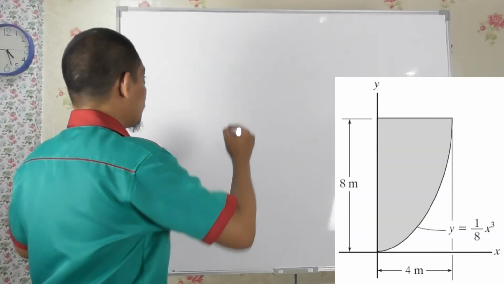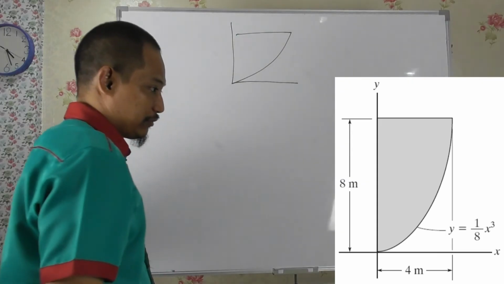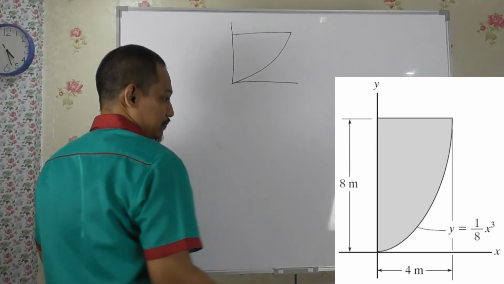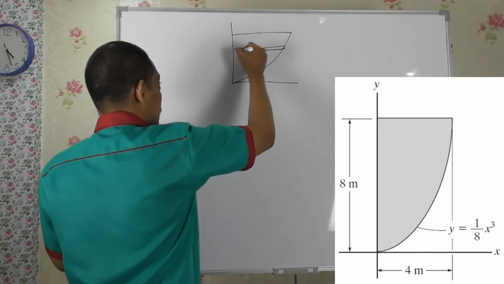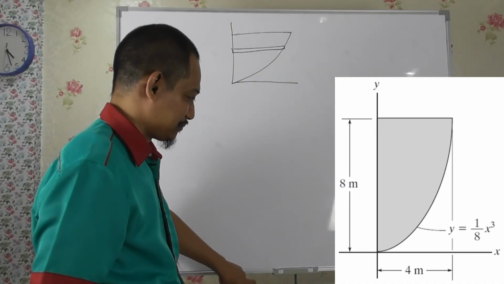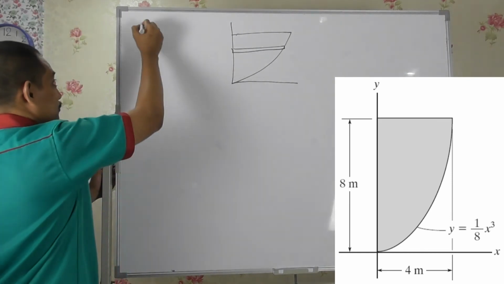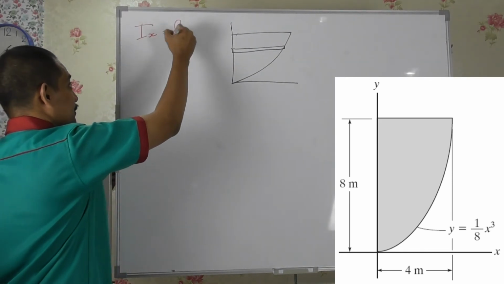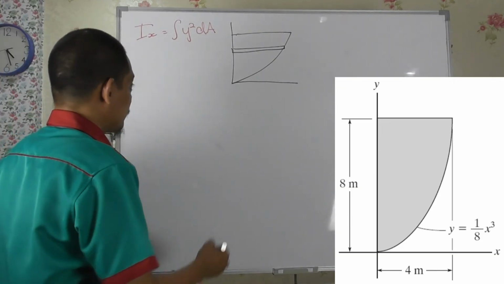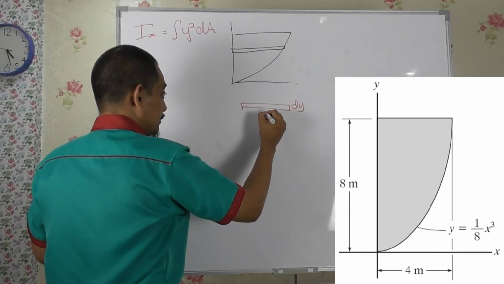So basically you have the region here and you need to find Ix, right? So the easiest one is just to use this element. There's no reason to make your life harder by using the vertical element, right? So if you use this, Ix equals the integration of y squared dA, and for the element itself, this is dy, this will be x, right?